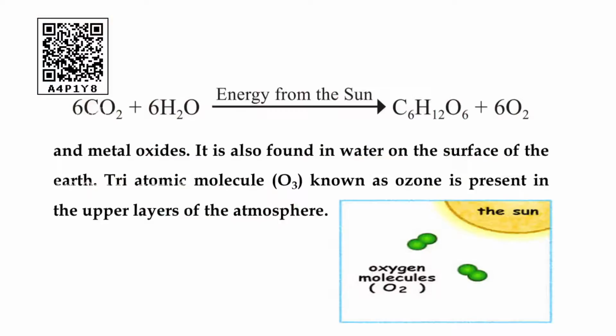Then how does oxygen move from the free state to the combined state? The simplest process we know well is photosynthesis. In our atmosphere, carbon dioxide, which we know is 0.04%, is mixed with water molecules in the presence of sunlight, carried out by the chlorophyll in plants. By this process it forms glucose.